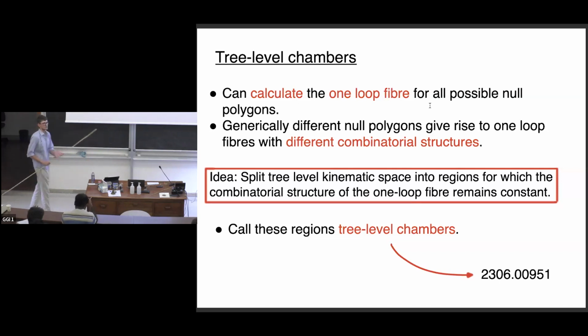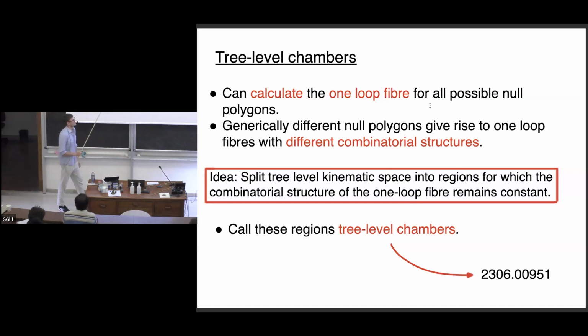What you can imagine is varying your tree level configuration, computing this one loop fiber, and looking at how its combinatorial structure changes as you vary the tree level configuration around. And in fact, it does change.